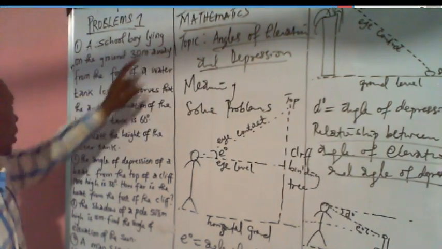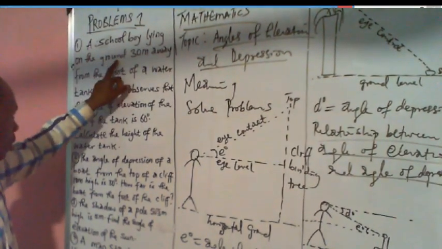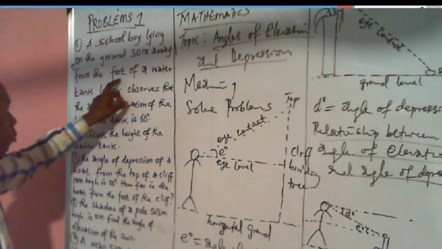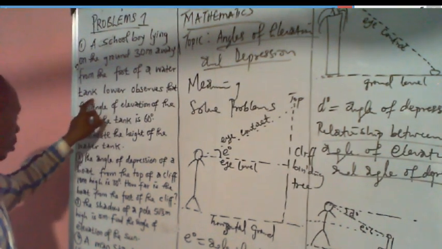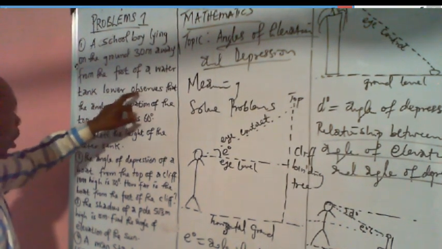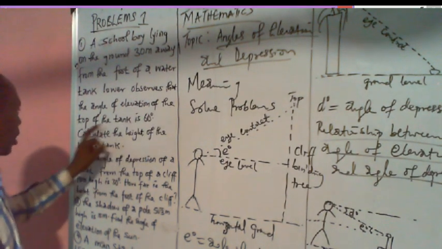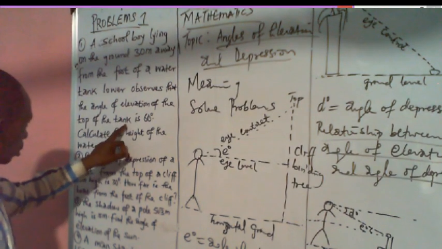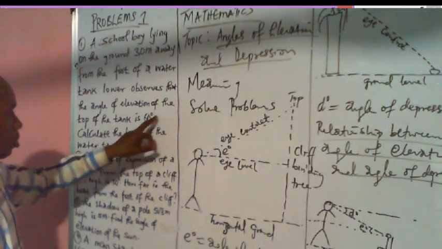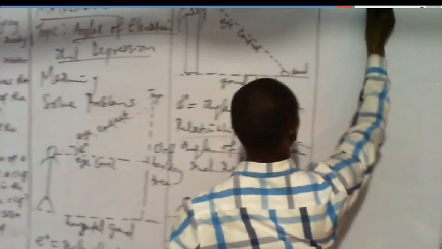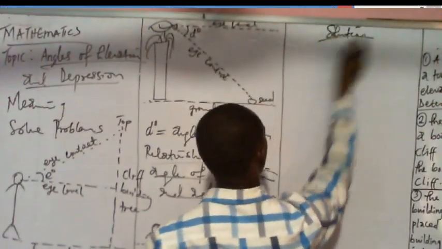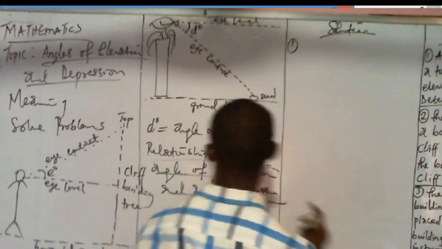A schoolboy lying on the ground 30 meters away from the foot of a water tank observes that the angle of elevation of the top of the tank is 60 degrees. Solution. Number 1.